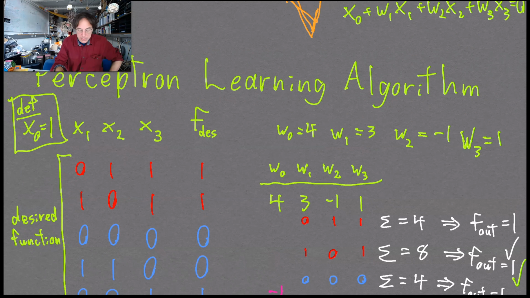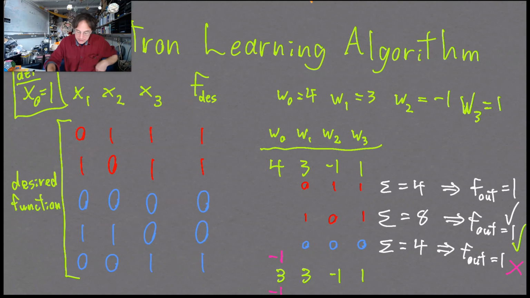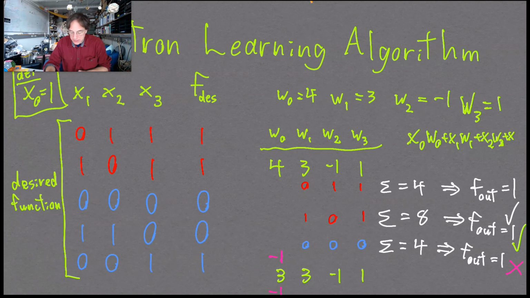And so that means that we can write our sum of weights as X0 times W0 plus X1 times W1 plus X2 times W2 plus X3 times W3. You get the idea. And in fact, this type of combining of two things is exactly how you do a scalar product or a dot product, right?